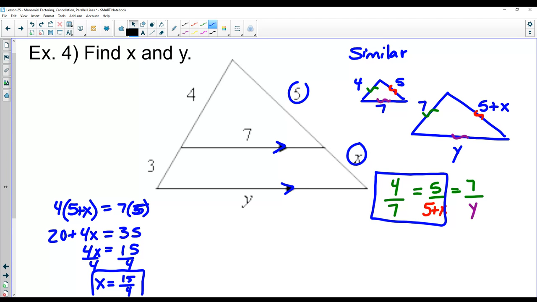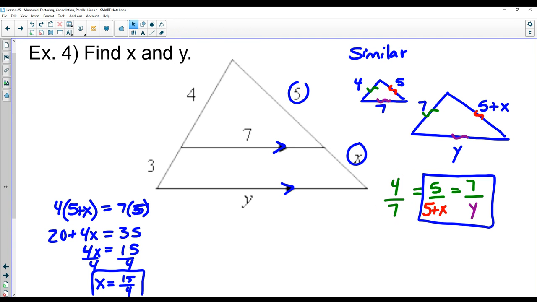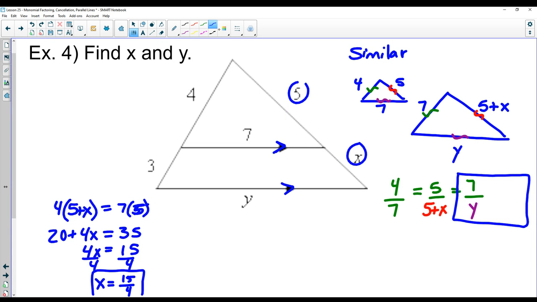All right, let's solve for y. We have to go get the ratio where y lives and the ratio that we know. Set them equal to each other and cross multiply. So 4 times y equals, cross the other way, 7 times 7.